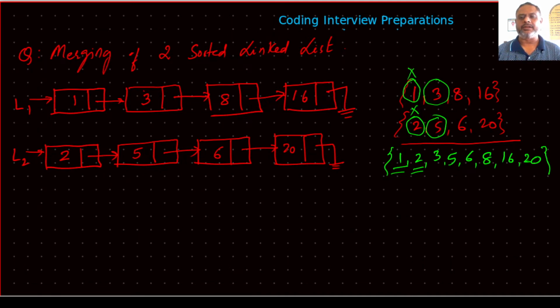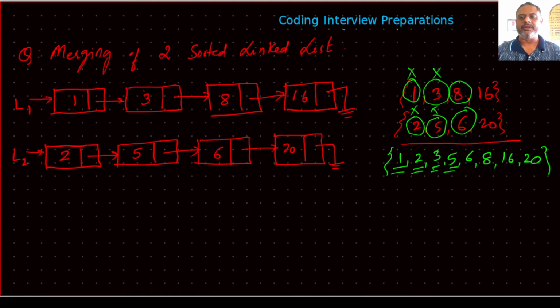Then 3 and 5 are compared, and we find that 3 is smaller, so we copy 3, and 3 is no more available in our list. Then the next smallest element in the first list is 8. 8 and 5 are compared, so 5 is smaller, so 5 is copied and removed from the second list, and then 6 is the next smallest in the second list.